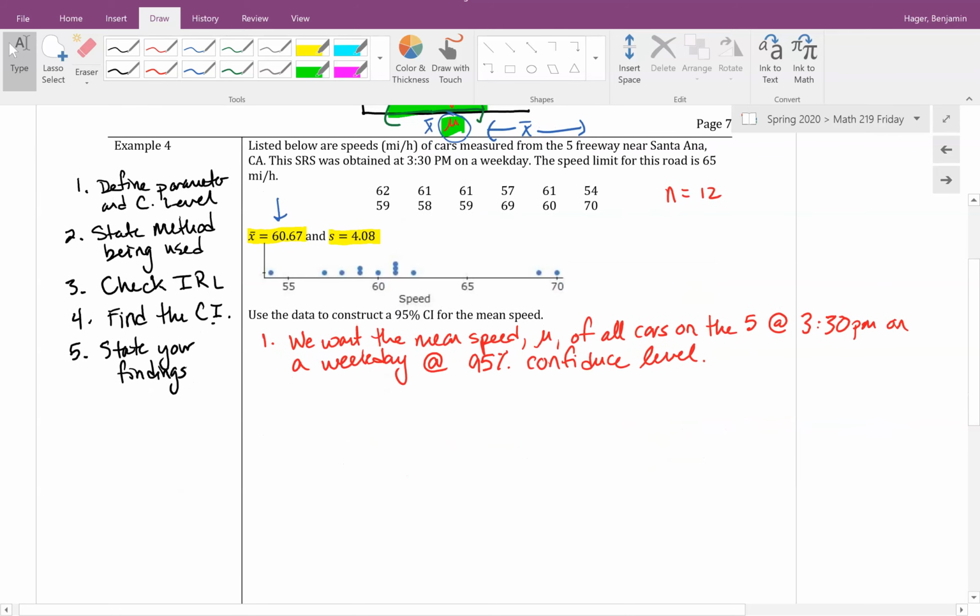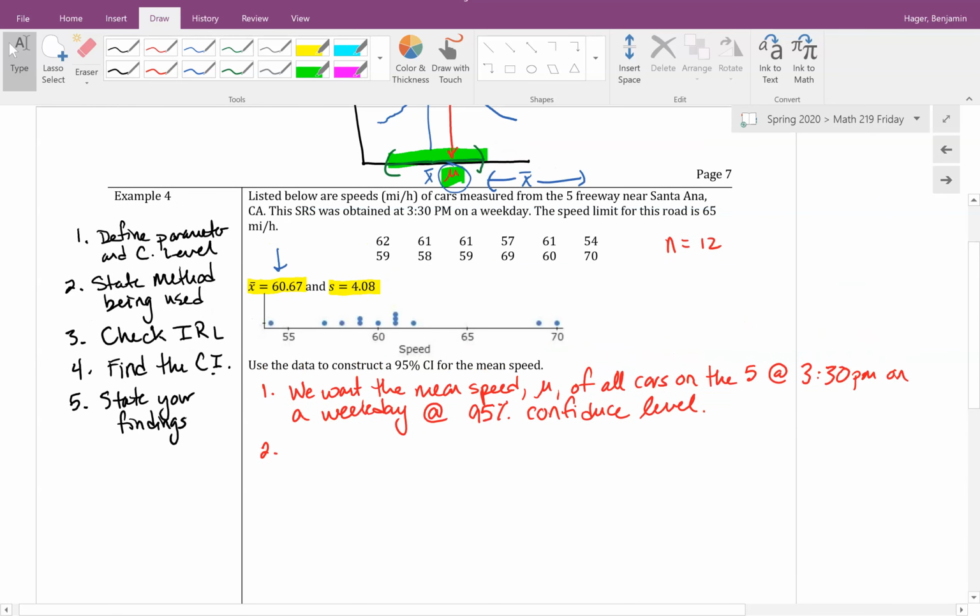Okay, so I mentioned what I'm looking for and the confidence level. 2, I want to state the method being used. Remember, right now it's either a 1 sample Z interval or 1 sample T interval. To figure it out, you look at the type of standard deviation you have. I'm being forced to use the sample standard deviation. They did not tell me the standard deviation of all cars on the 5 freeway.